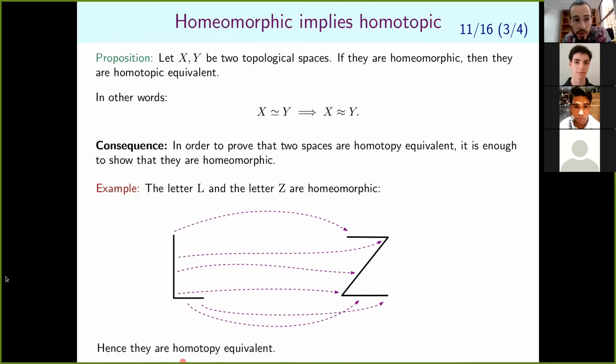Example, the letter L and the letter Z are homeomorphic. You can define a simple homeomorphism between them, something like that. And we deduce, according to this proposition, that they are homotopy equivalent.